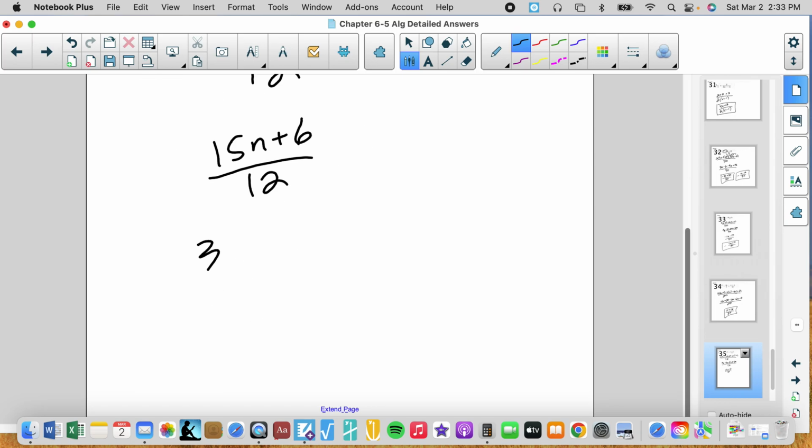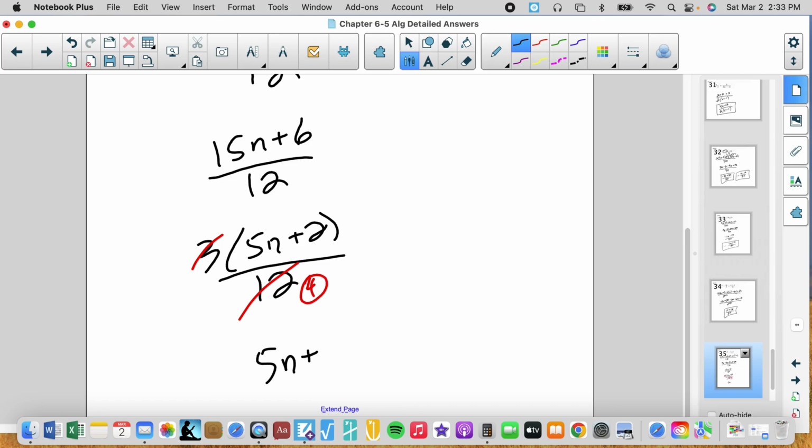Yes! Let's factor out a 3. We get 5n plus 2 over 12. And finally, one of these can cancel. So that's 5n plus 2 over 4.